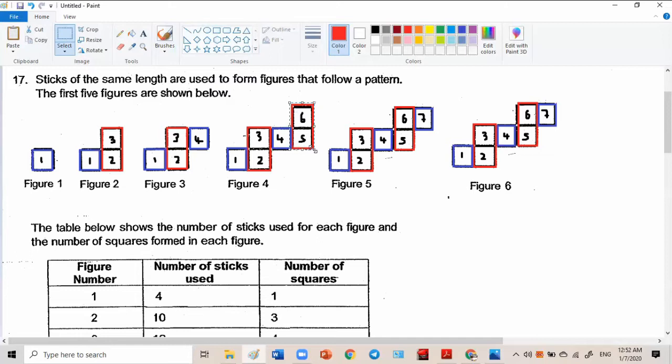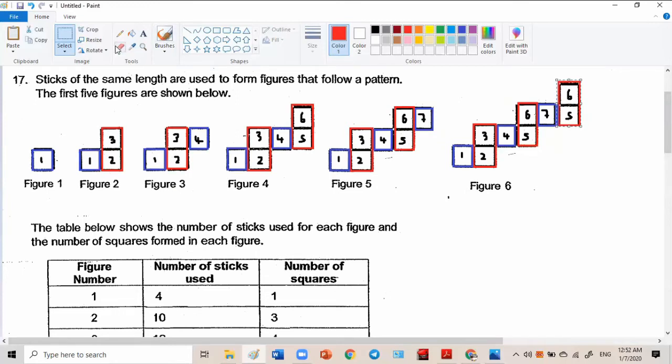Because after the horizontal blue box, you add two vertical red boxes. See here, horizontal, vertical. After vertical, horizontal blue. After horizontal blue, add two vertical red. After vertical red, add a horizontal blue. And in that case, after horizontal blue, add two vertical red.